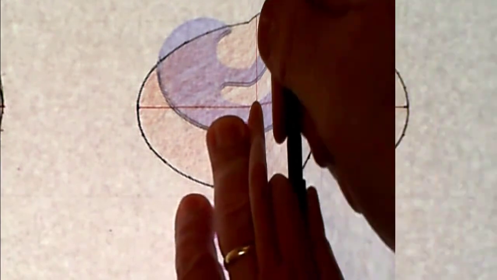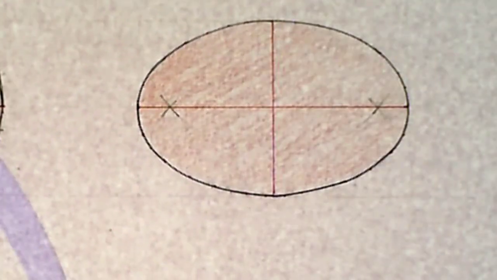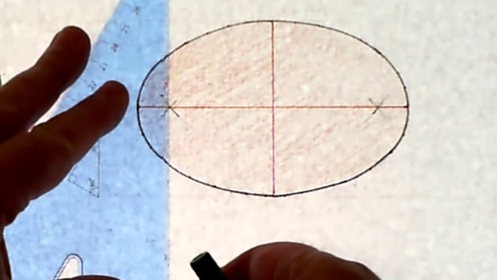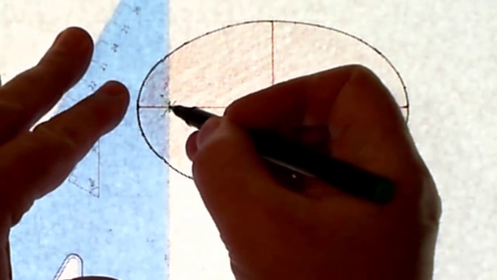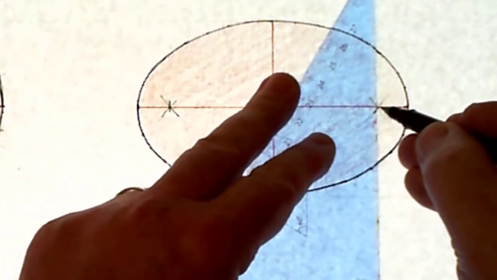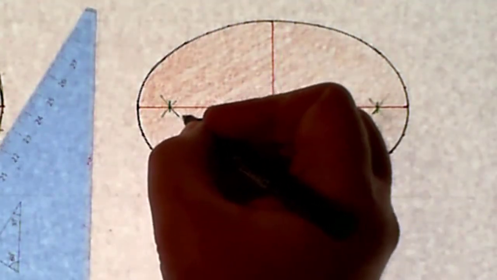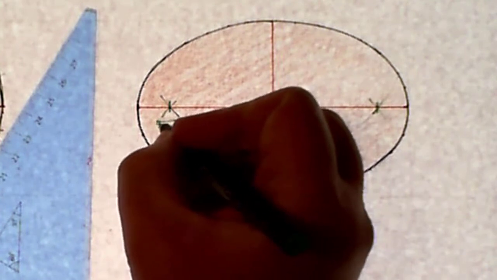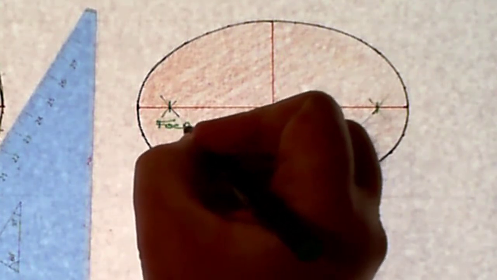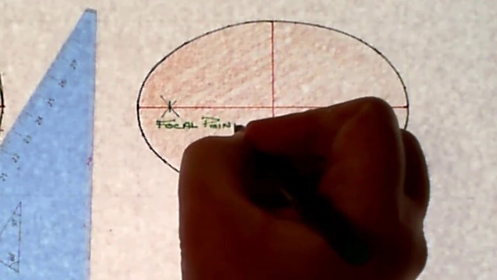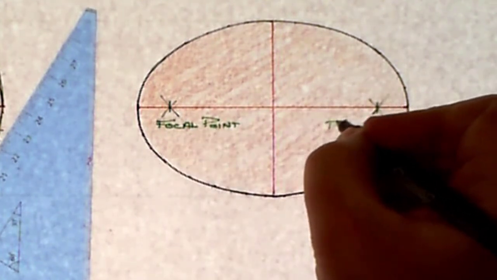So what this gives me are 2 points, here and here. And those particular points are called focal points. That's a focal point, and this is a focal point.